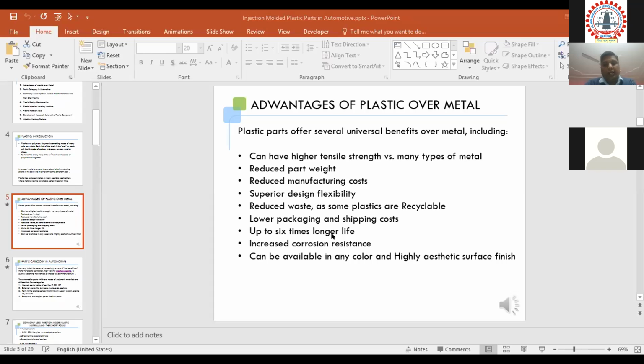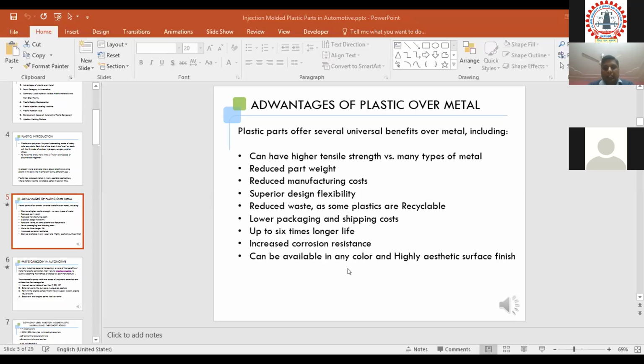Plastics are corrosion resistant. There is no problem of corrosion in plastic parts, the plastic part can be available in any color, and a highly aesthetic surface can be achieved.